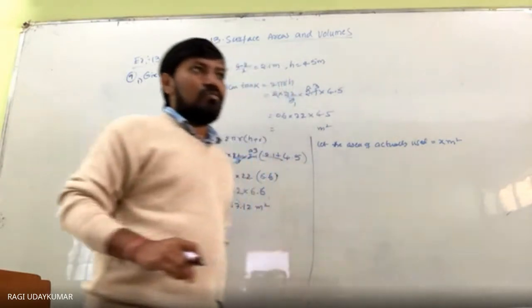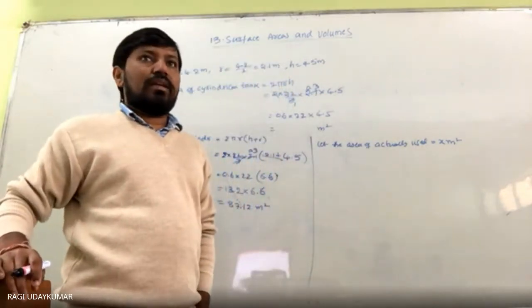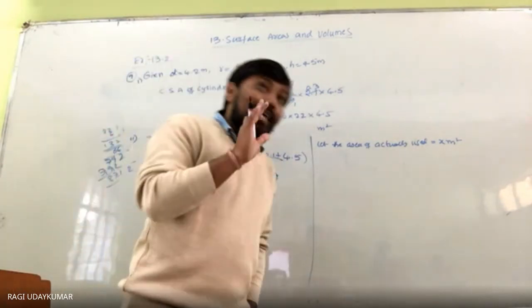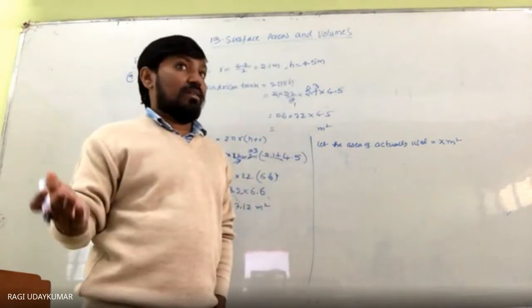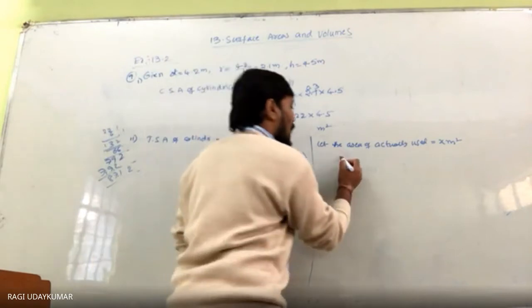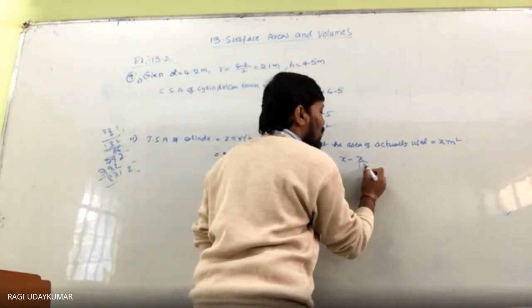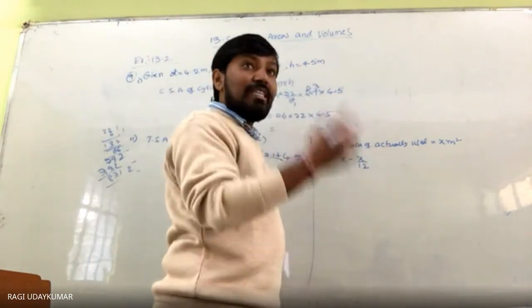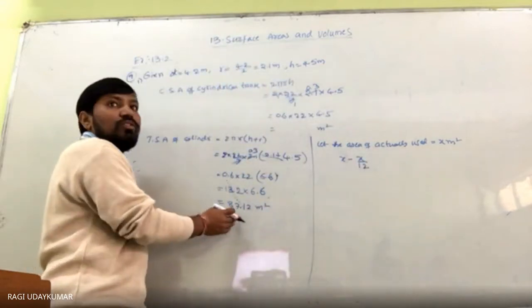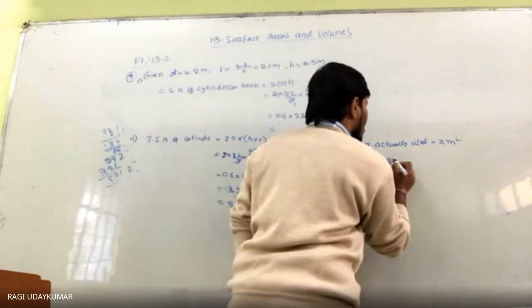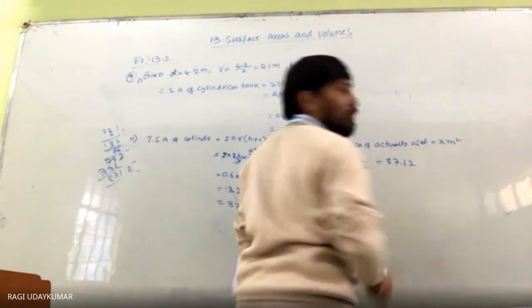Consider x meter square. So x meter square originally used, and in that 1/12 is wasted. So x minus x by 12 is wasted. After wasting, whatever the area we are going to get, that is equals to 87.12.